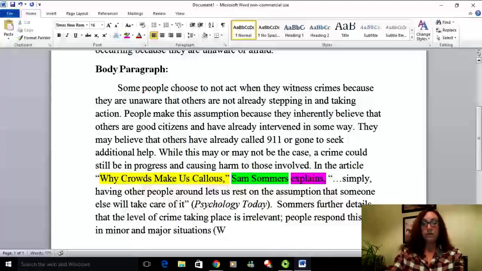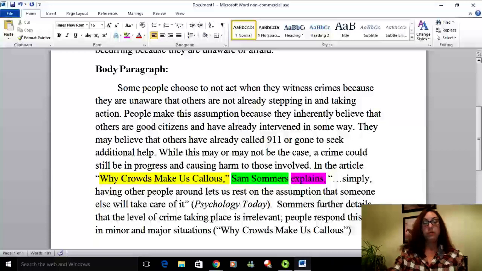Now this time, because I did not use the article title in the introductory phrase, because it wasn't the first time that I introduced the title, that is what I followed up with, okay?